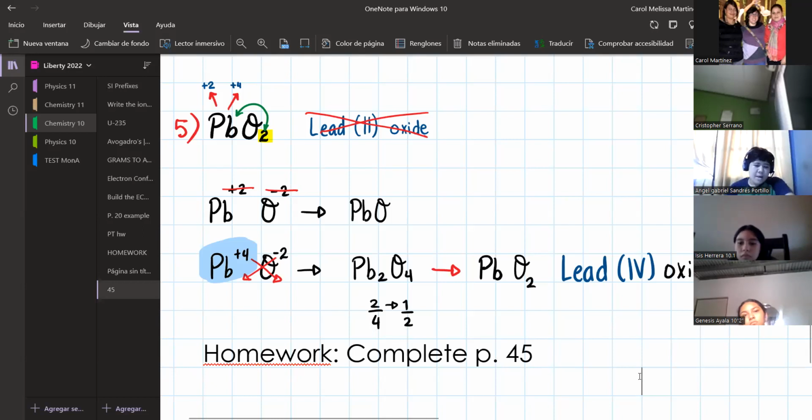Okay, Miss, I had a question. How do you know when you have to simplify? When the subscripts are divisible by the same number.